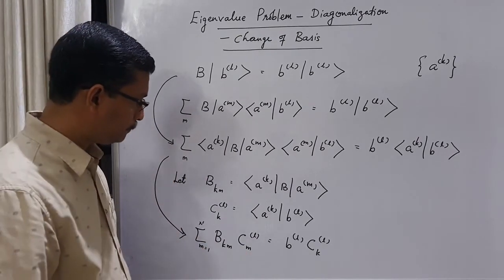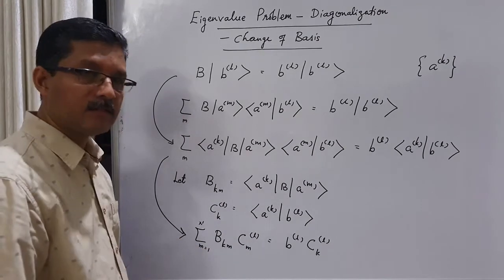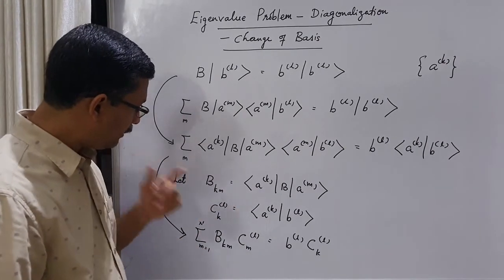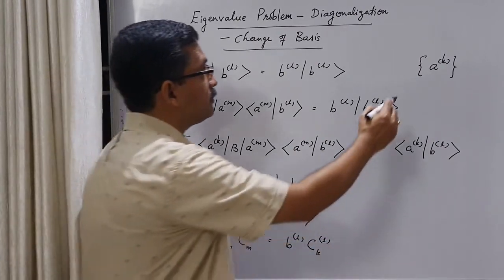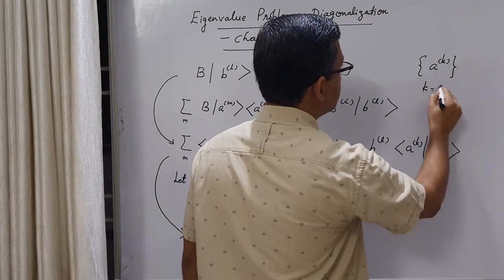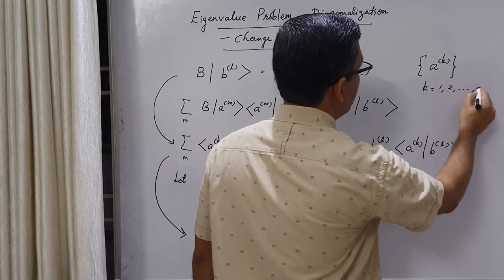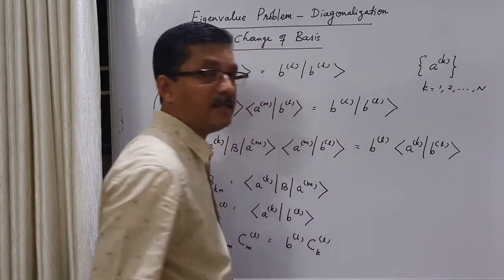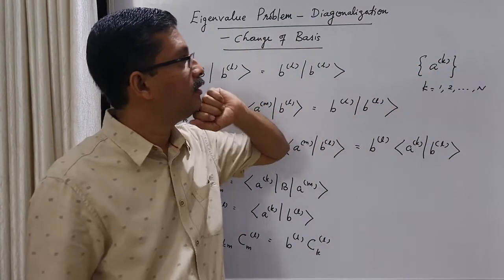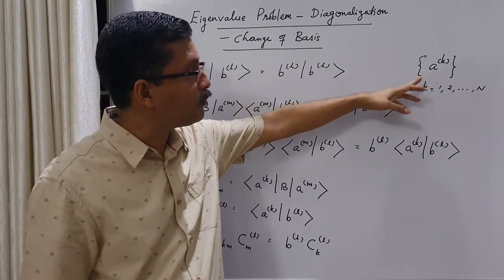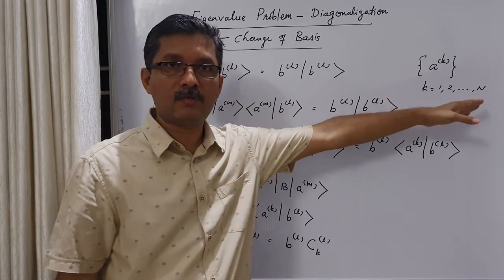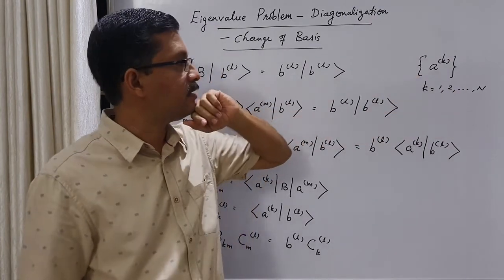Okay. Let us see what this means. Let us try to expand this. Here we can see that this K runs from 1 to n. Why? Because these are the old basis vectors, and the number of basis vectors is equal to the dimension of the vector space, n.